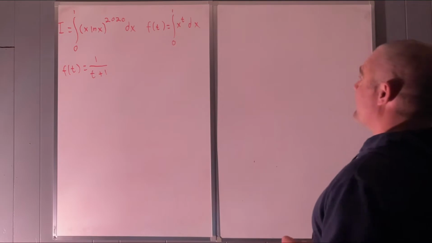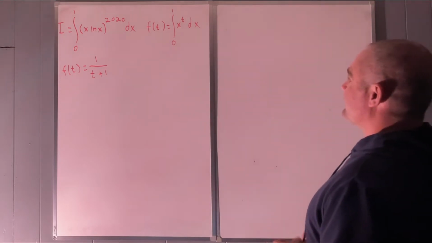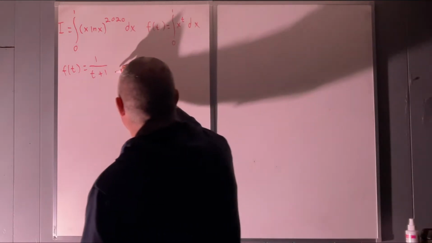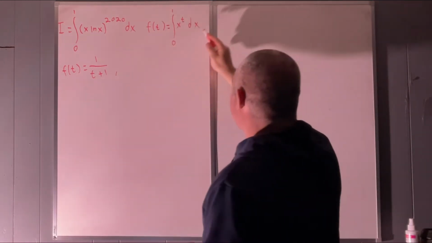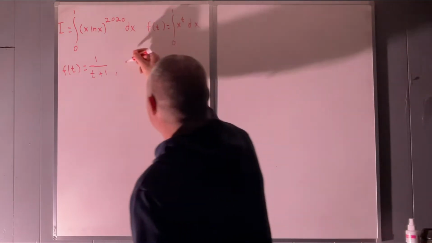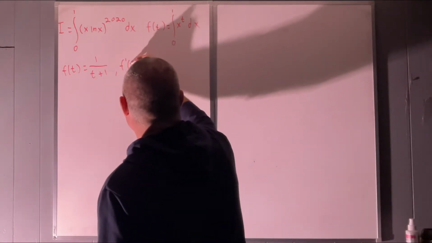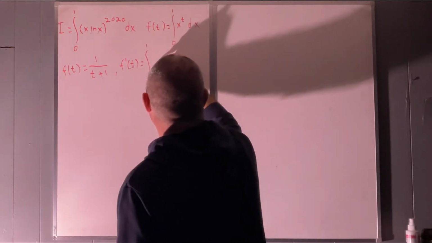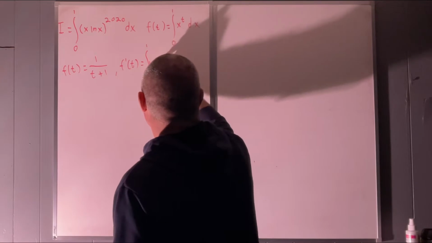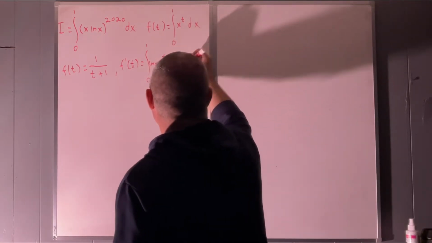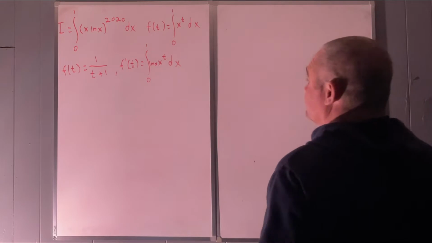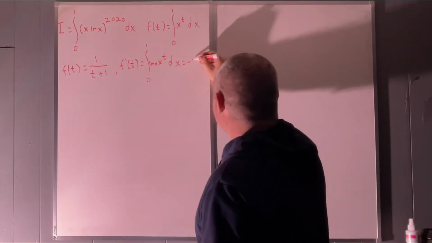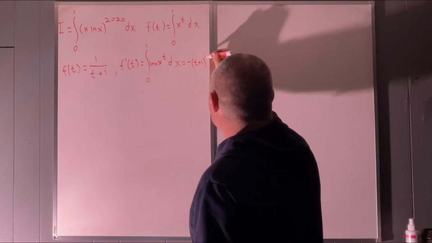All right, well, that doesn't really help us, but let's see what we get if we take f prime of t. We'll get f prime of t is equal to the integral from 0 to 1 of x to the t times the natural log of x dx, and that will be equal to negative (t plus 1) to the negative 2.